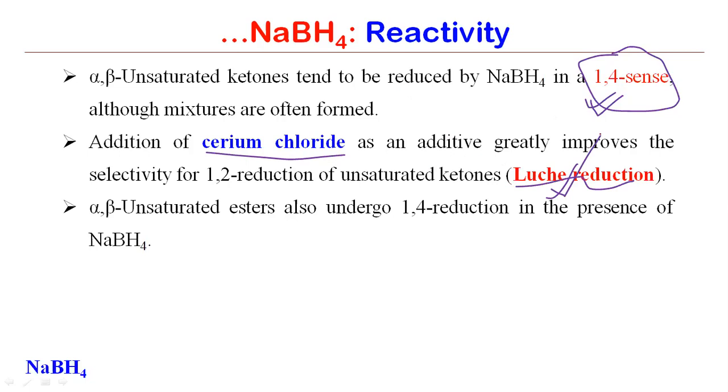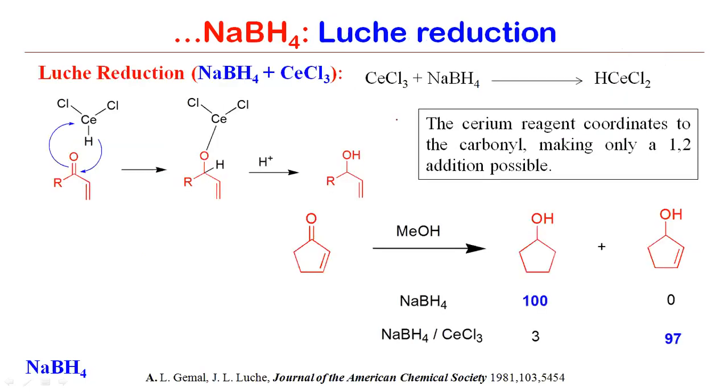It happens because of some chemical reaction which you can understand here. In Luche reduction, we are using sodium borohydride and cerium chloride. So when these two react, we get HCeCl2 as a product. Once this is generated, this HCeCl2 coordinates with the oxygen.